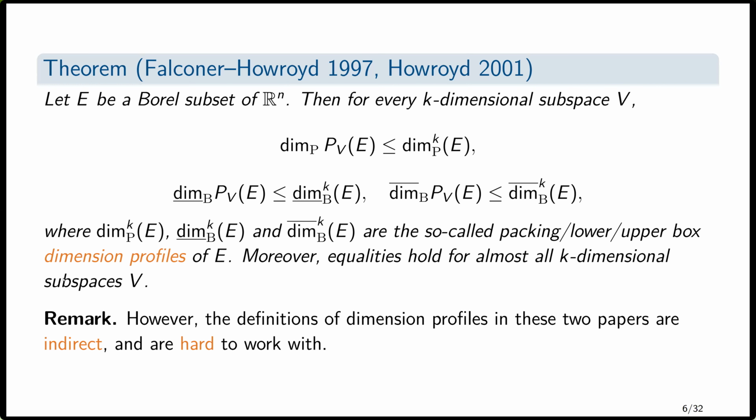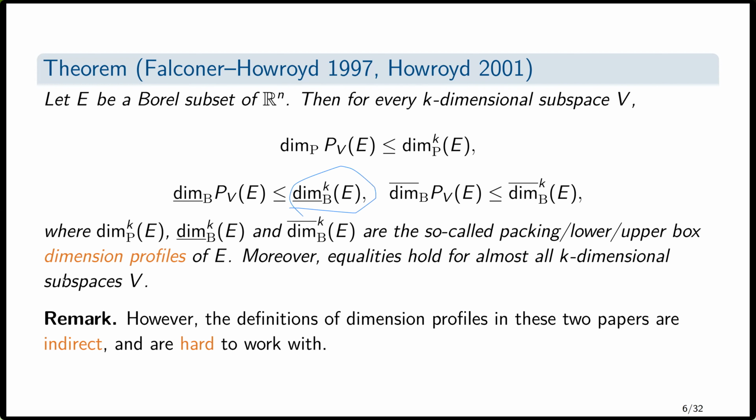However, the definition of the dimension profile in their papers is indirect, and it's very hard to work with. We don't know what the exact value is. So we cannot compare this value with the minimum of the original box dimension and k, the dimension of the space. We cannot compare and actually write it here.